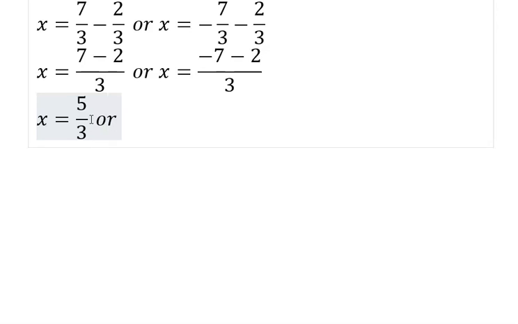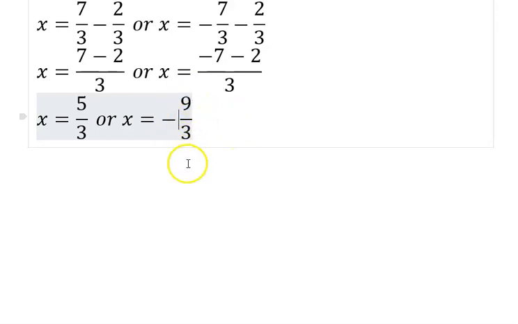x is equal what? Minus 7 minus 2 will give us what? Minus 9. That's minus 9 over 3.